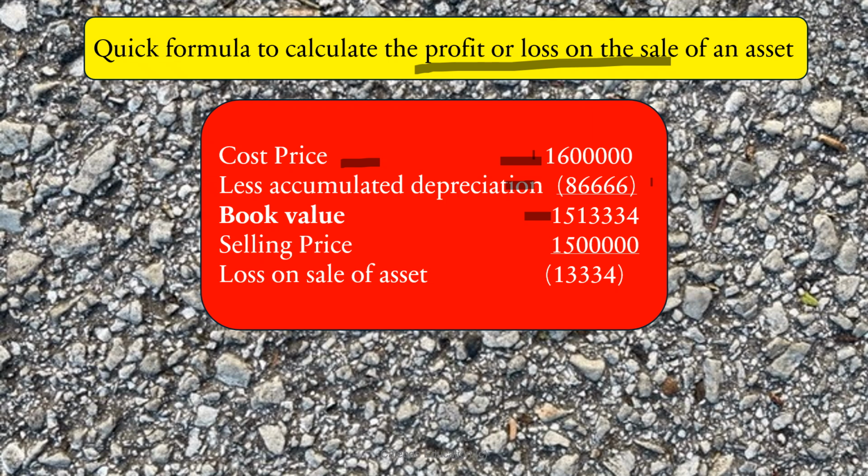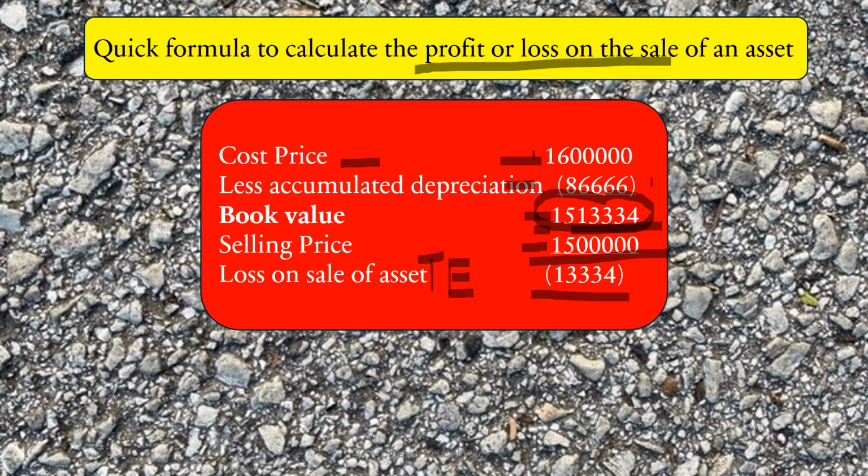So in our books, this building, at the time it was burnt down, was worth 1,513,334. Now you will see we get an insurance payout for 1.5 million. It's worth more in our books than what we received, which results in a loss of 13,334.